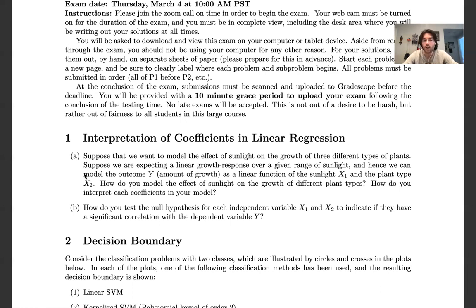A decision that you will want to make, and again there's not a right or a wrong answer, but you should be explicit about this, is since there are 3 discrete options, do you one-hot encode all 3? Or do you just one-hot encode, let's say X1 and X2, and then allow the third plant to fall into the y-intercept, your B0, if you will.